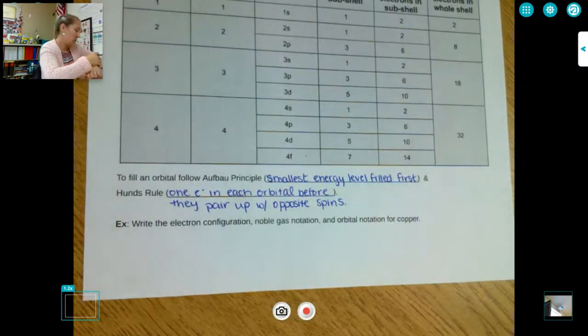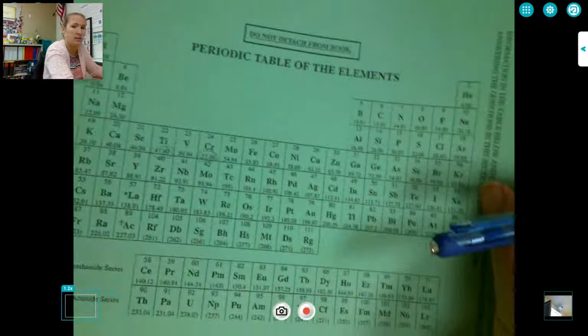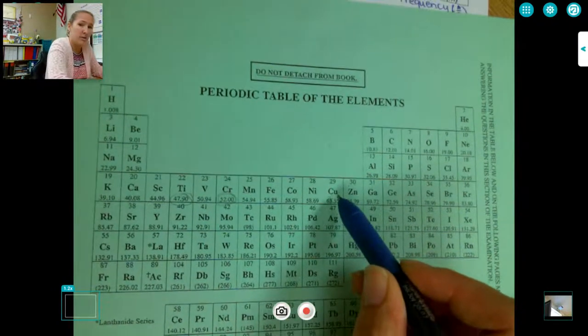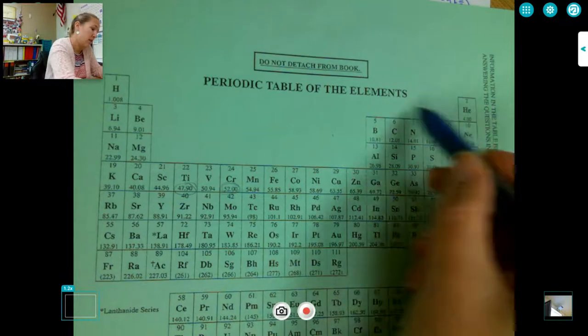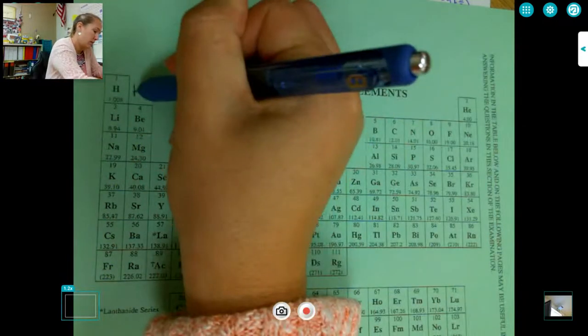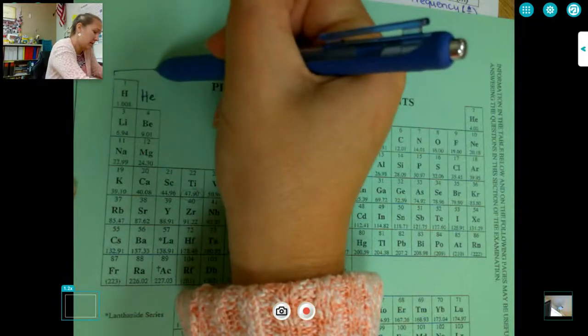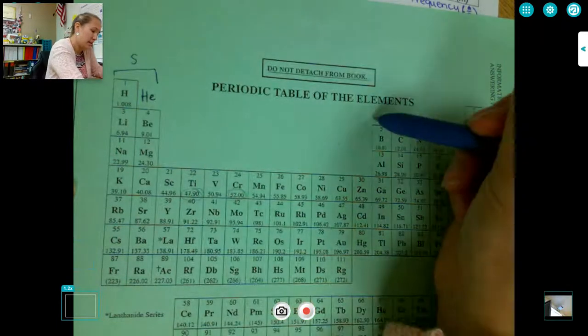So let's quickly do a crash course of electron configuration, noble gas notation, and orbital notation. So looking at copper, on the periodic table, copper is here. Now remember, we can break our periodic table into sections by moving helium over here, pretending it's there. This section is my S block.